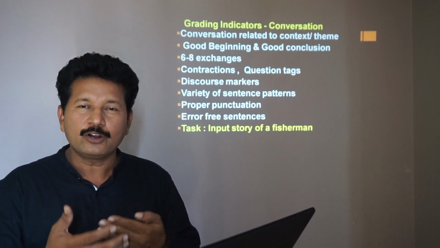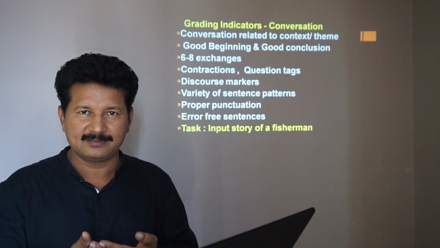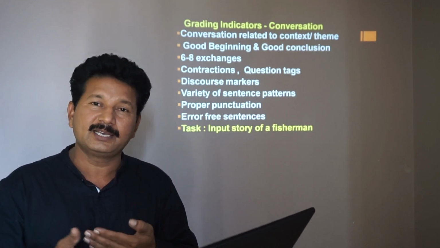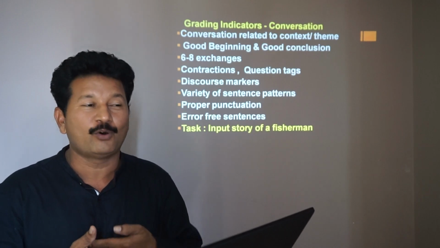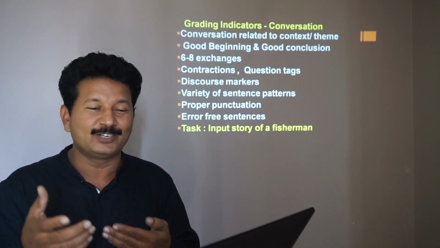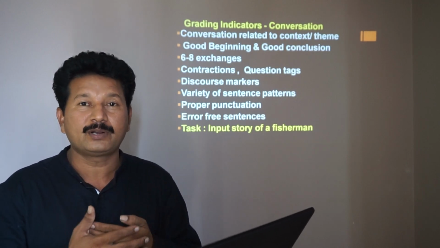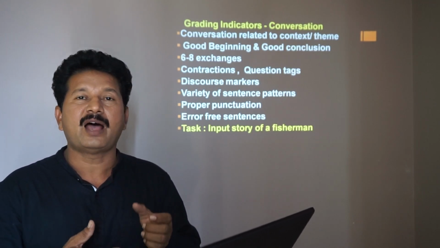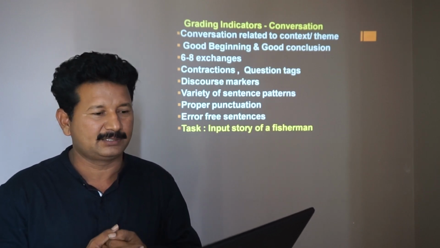And your conversation should be between 6 and 8 exchanges, and in the worst case you can go up to 10 exchanges, right? And we should not bore your audience or the evaluators who are evaluating your papers. And another important area is that you should use contracted forms and question tags.